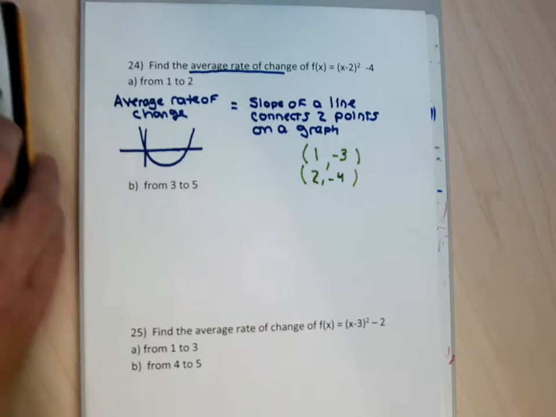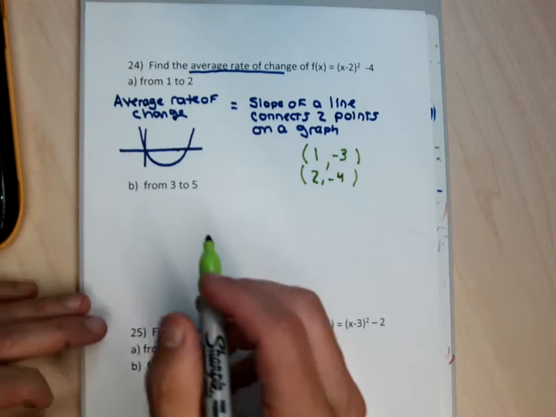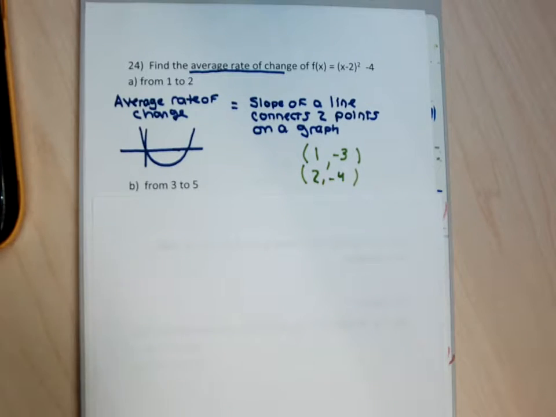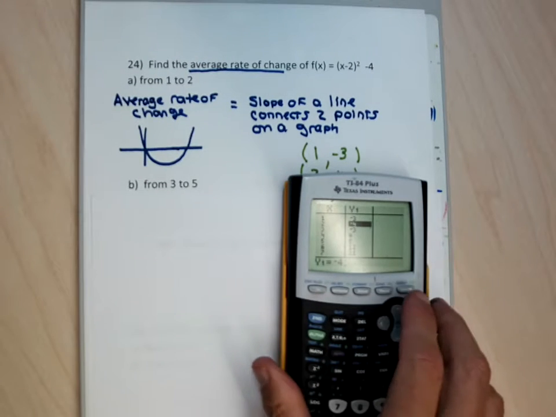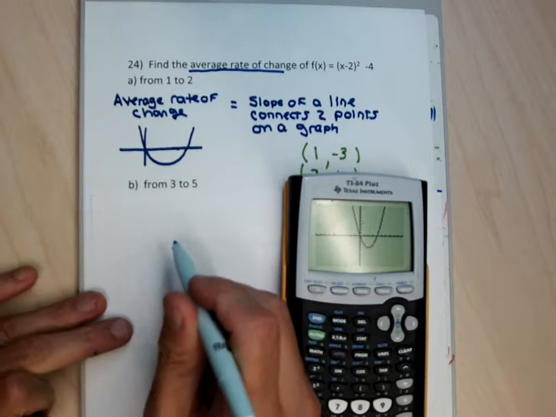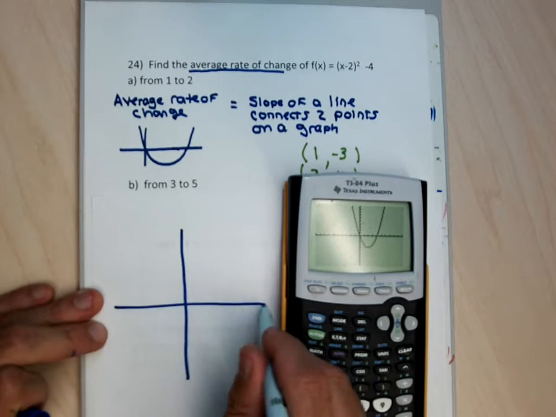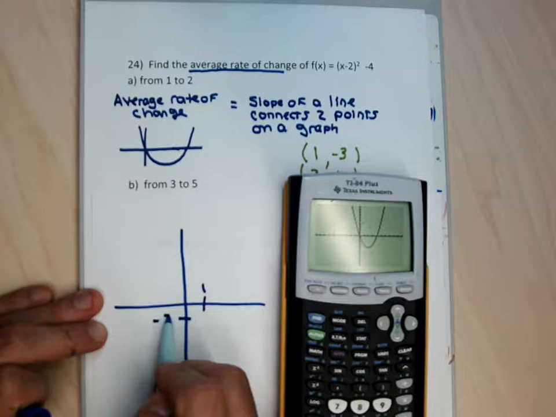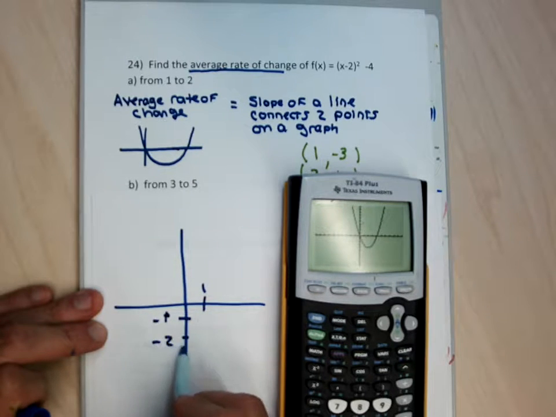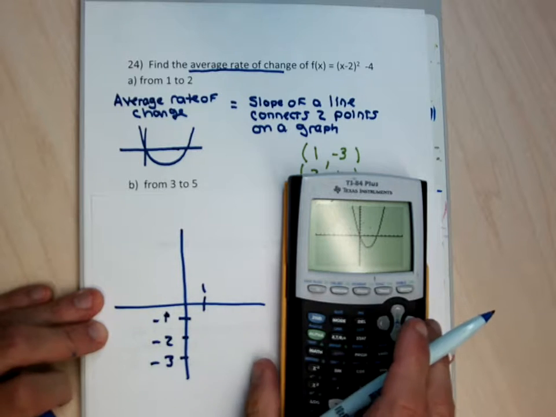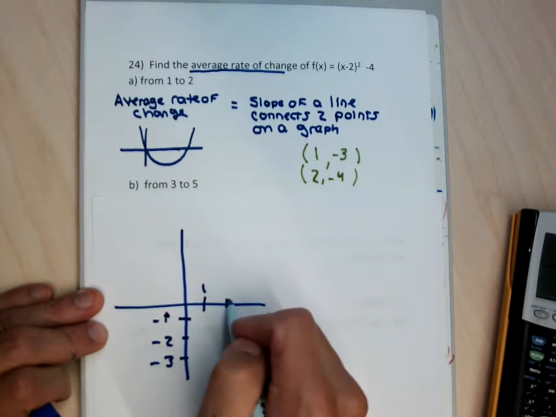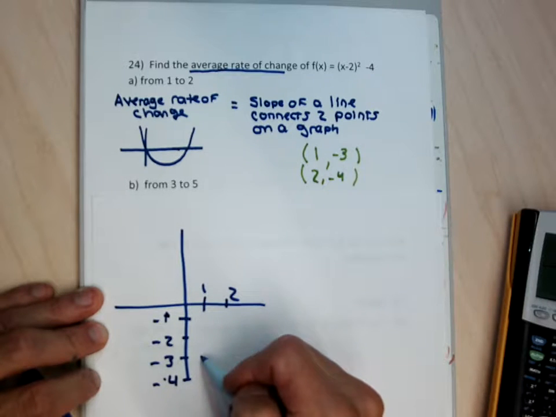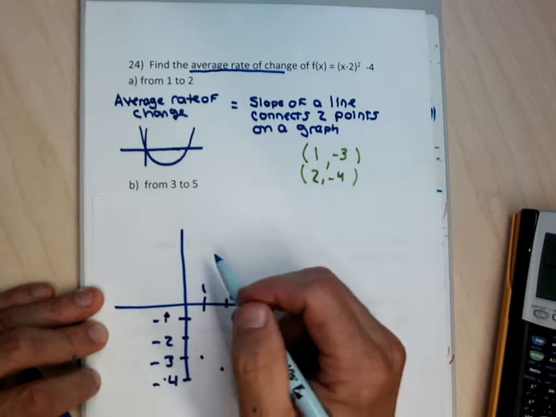So what it's asking me to do, I better blow this graph way up. What it's asking me to do on this graph is, the parabola that goes through the point 1, negative 3, and 2, negative 4, looks something like this.